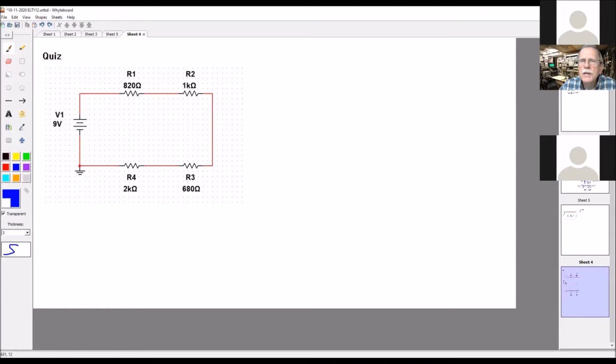So 680 plus 820 is 1500. 1500 plus 1K is 2500 plus 2K is 2700. Is that right? 3K and 50. Whoa, that's not right. 2K and 1K is 3K. 3K plus 1500 is 4.5K.